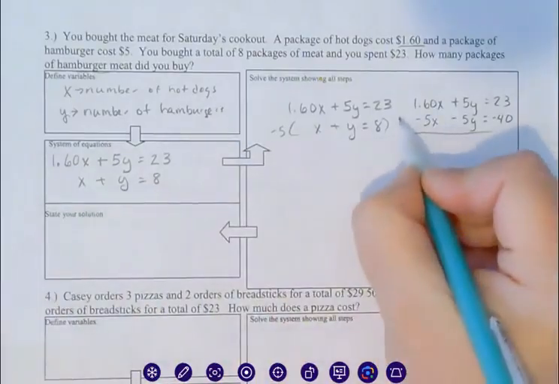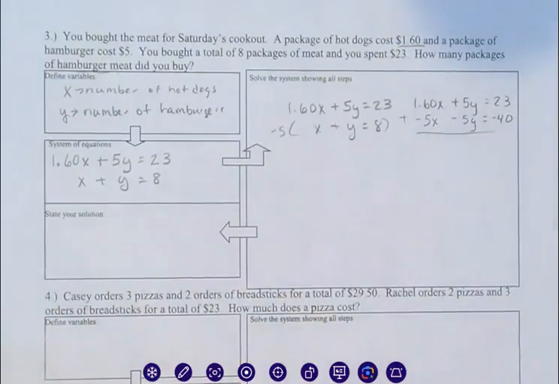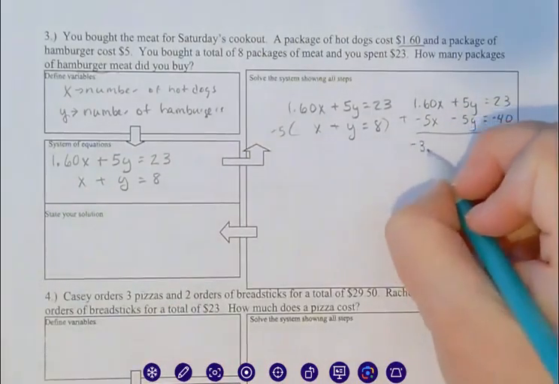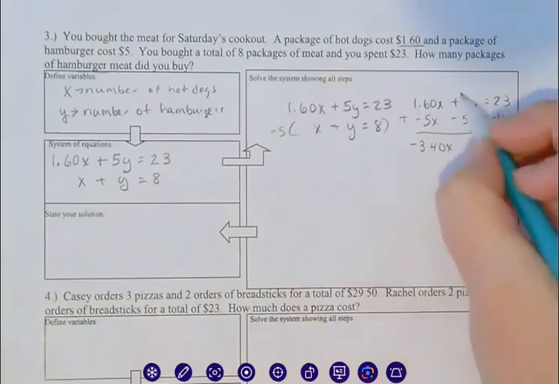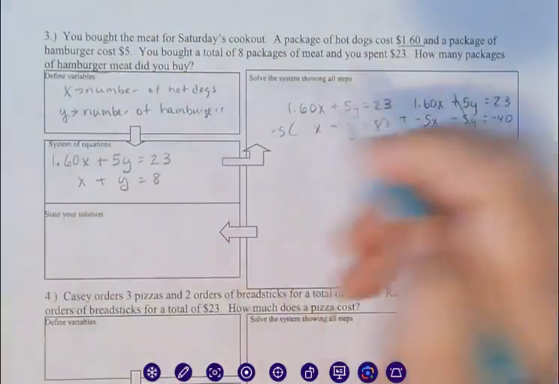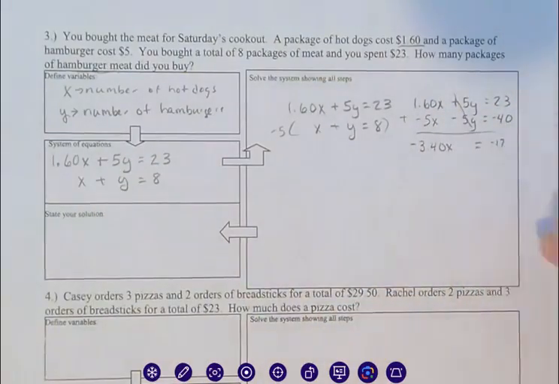So now I'm ready to add, so I can eliminate. And -5 plus 1.6 is -3.40x. These eliminate, and -40 plus 23 is -17.